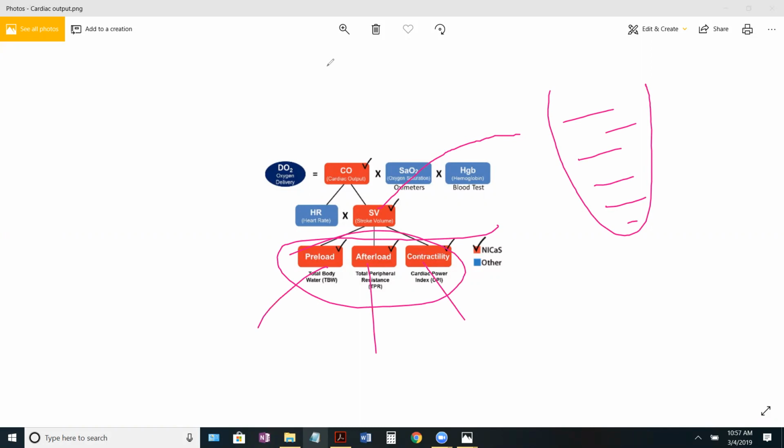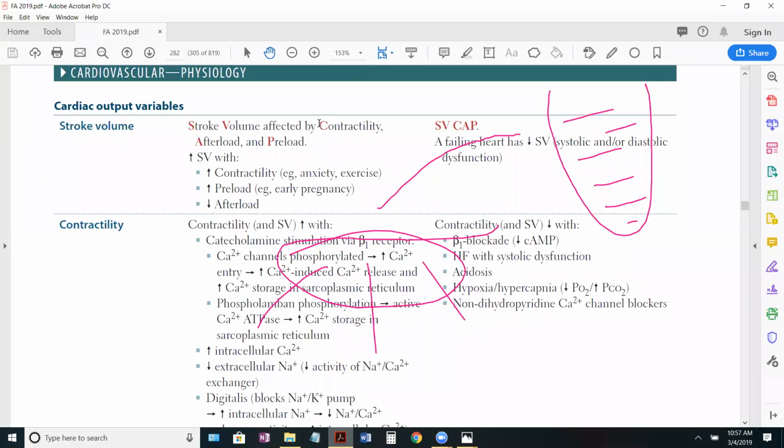Let's focus on the stroke volume. They have not given you the definition of stroke volume, but I told you it's per beat. Stroke volume is per beat, cardiac output is per minute. The three factors that affect the stroke volume are contractility, afterload, and preload.